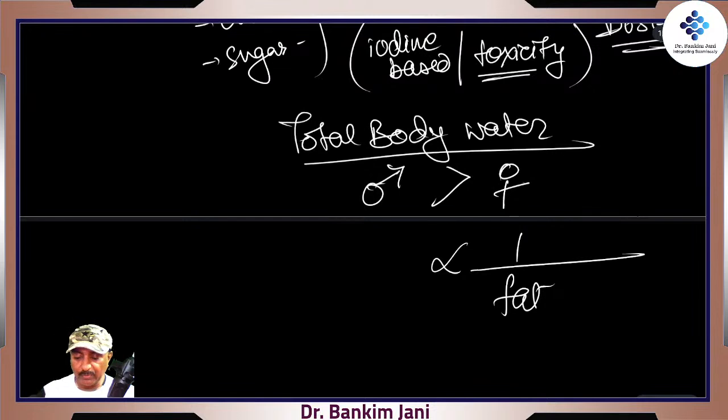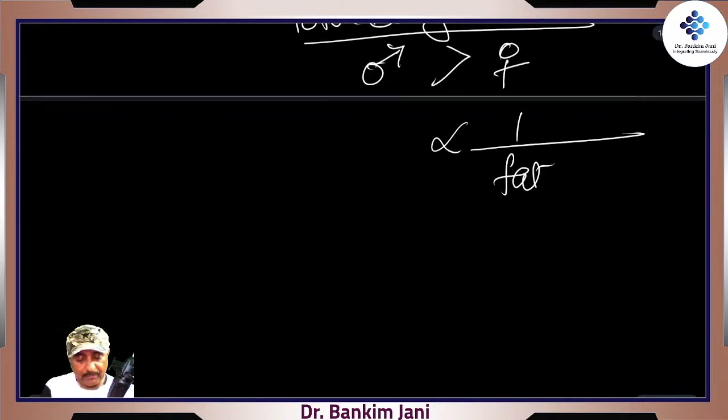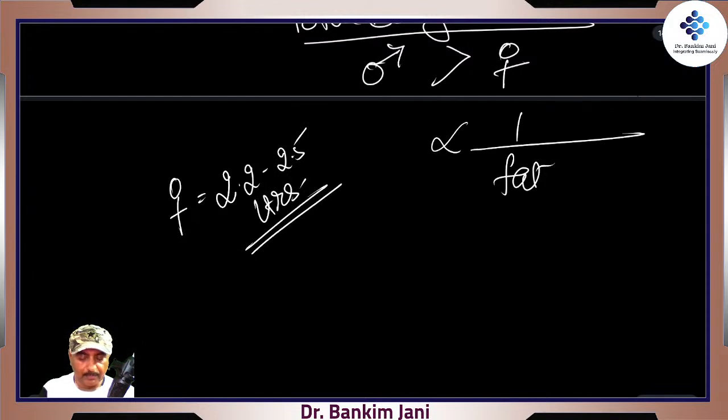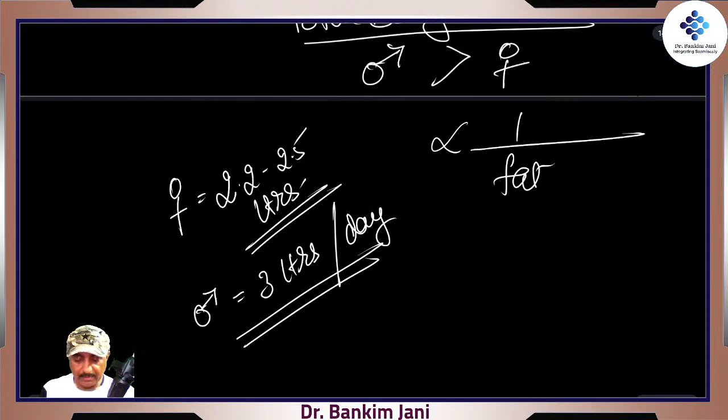Now when you calculate, every female whose weight is somewhere between 55 to 60 kilograms roughly, at least 2.2 to 2.5 liters of water is compulsory. For a male, it comes to about 3 liters of water a day. This is really very much needed, right?